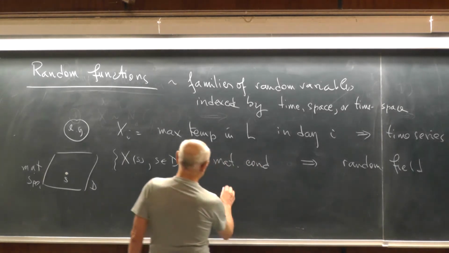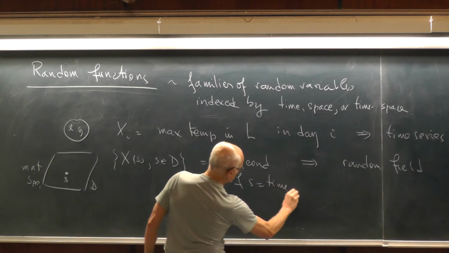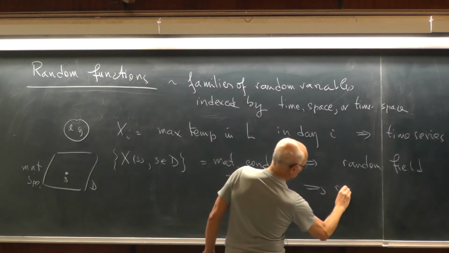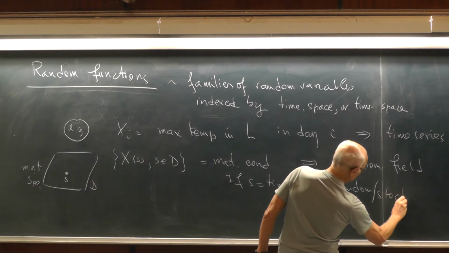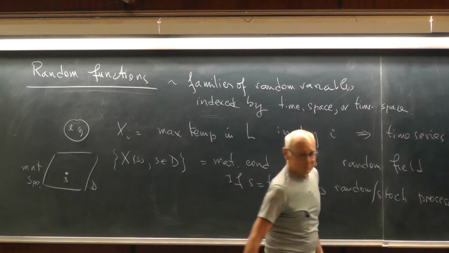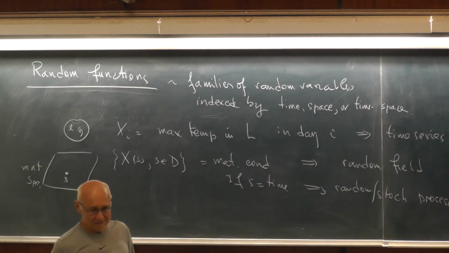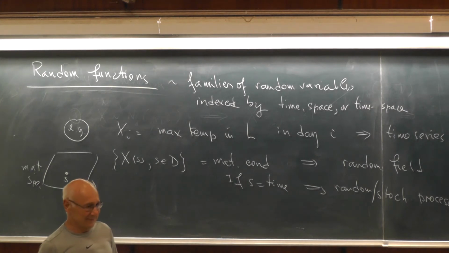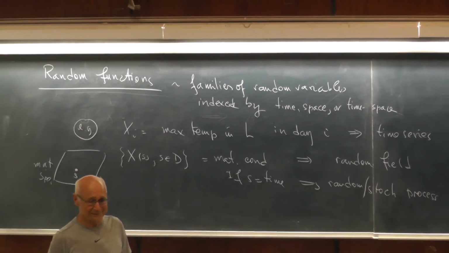So if S is time, you call it random or stochastic process. Now, don't ask me why people don't call it stochastic field, but that's jargon in all the literature is random field, and processes you can call it both ways, random or stochastic.